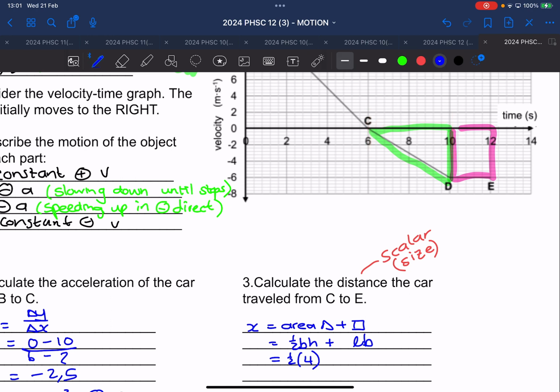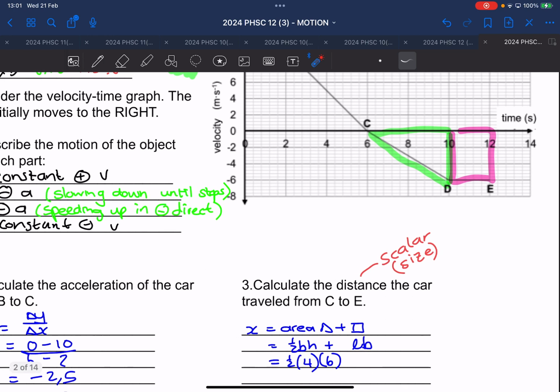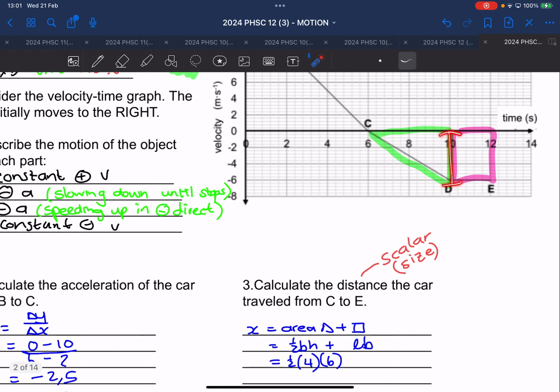And our height, what do we look? 6. Now remember, you do not have to put in the negative because it's a scalar. If they asked for displacement, then you're going to fill in negative 6 because it's in the negative place. Height, base, for a triangle.